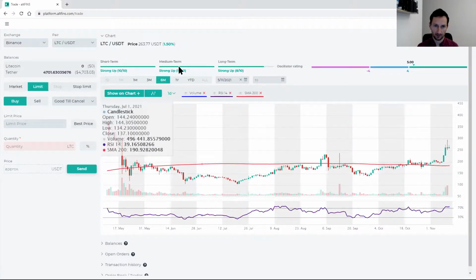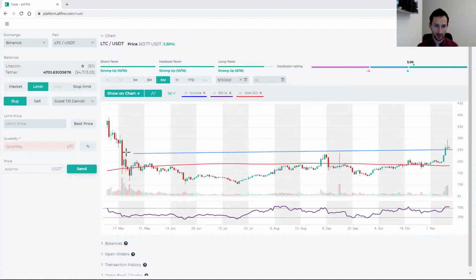So this was again an ascending triangle with the resistance trend line up here around 250, maybe even lower, while the support trend line was actually on a bigger time interval.